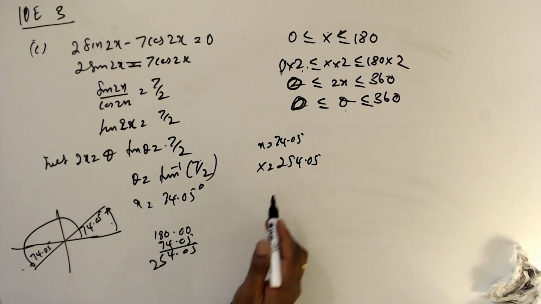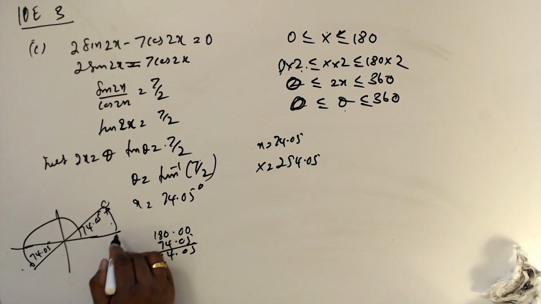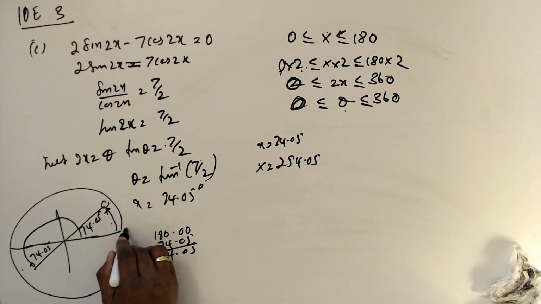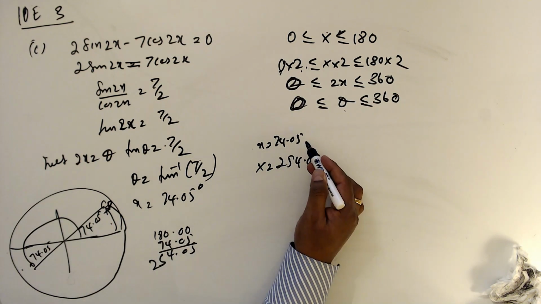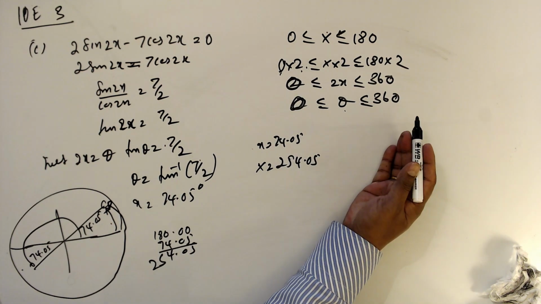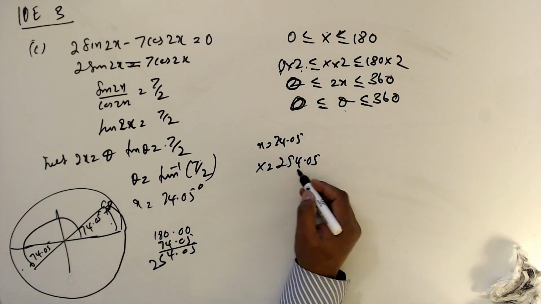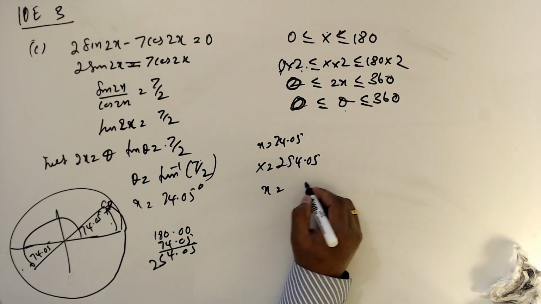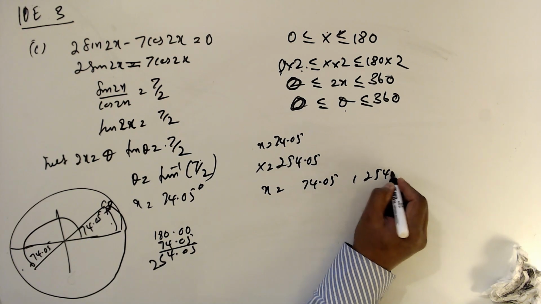Now the next option is we have to add 360, go one more round and come to this place. When I add 360, it goes more than 360, so it's out of range. So two answers, 74.05 and 254.05.